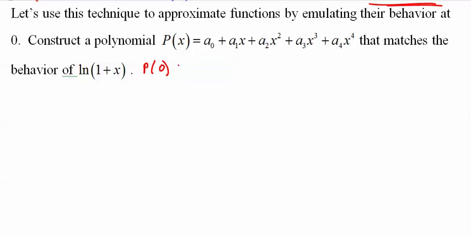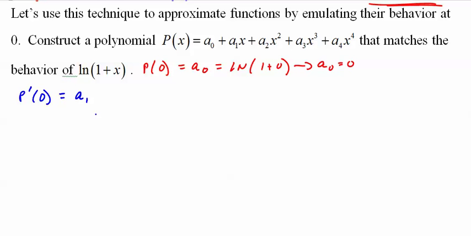P of 0 equals a naught. And that equals natural log of 1 plus 0, which is natural log of 1, which is 0. So a naught equals 0. P prime of 0 equals, as we saw earlier, a1.